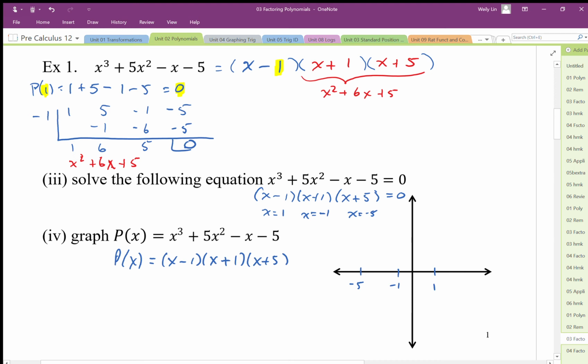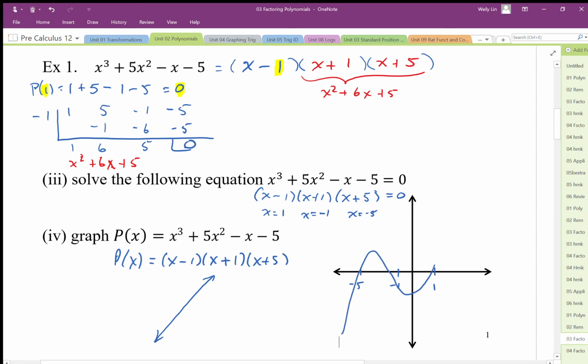And what I also know is that since the leading coefficient is positive, I have to go in this direction. If the leading coefficient is positive and it's an odd polynomial, it's just like a linear equation in that it has to have positive slope. So it has to be going from bottom left to top right. So what I do know about this is it's going to go something like this.